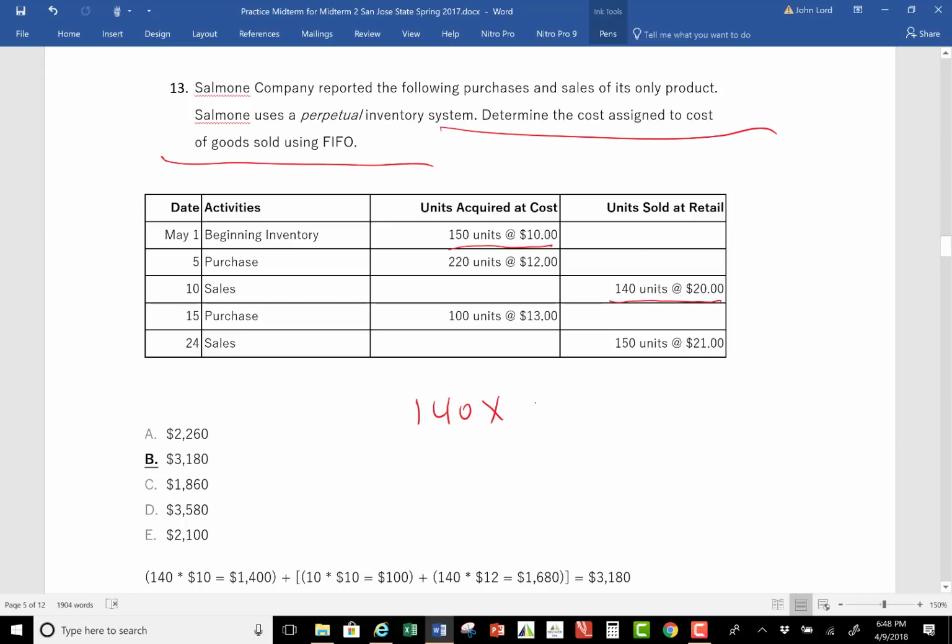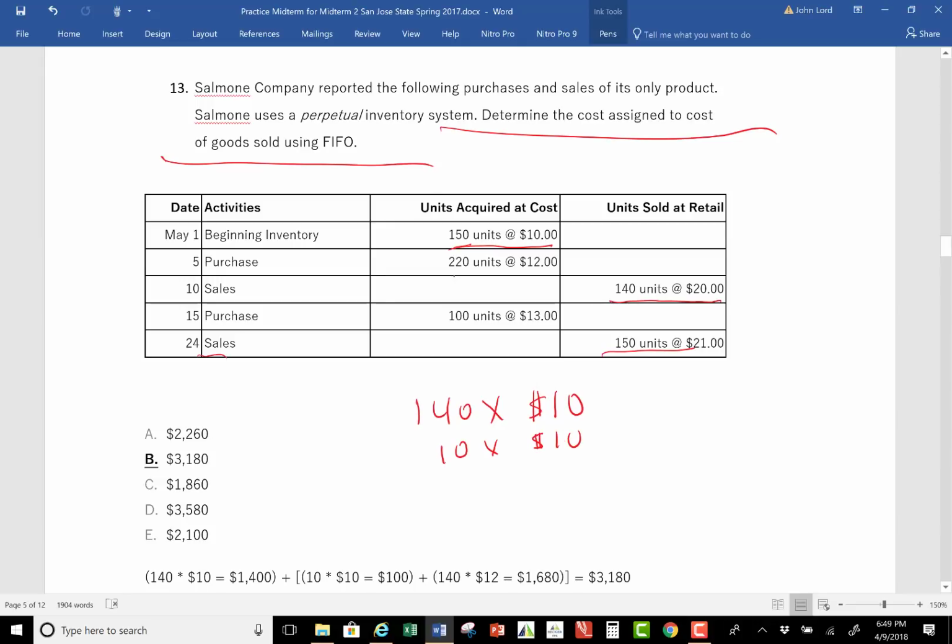Came from here, from the $10 ones, didn't it? When we sold those? Okay, good. Then they bought 100 more units, and then they sold another 150. So we're down to 10 of these now? So we'll sell 10 of those to make up this second sale of 150 at $10.